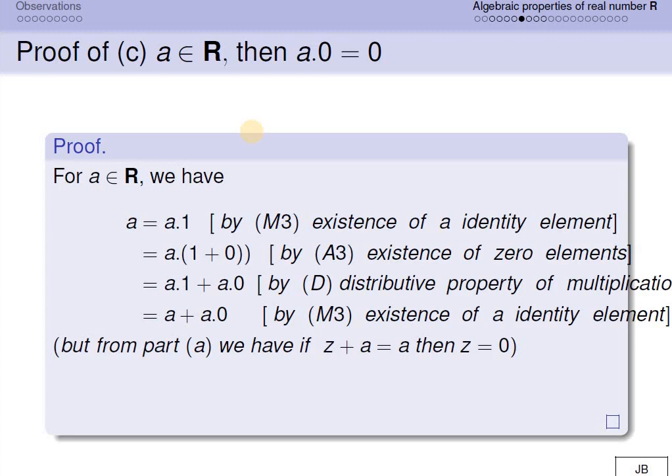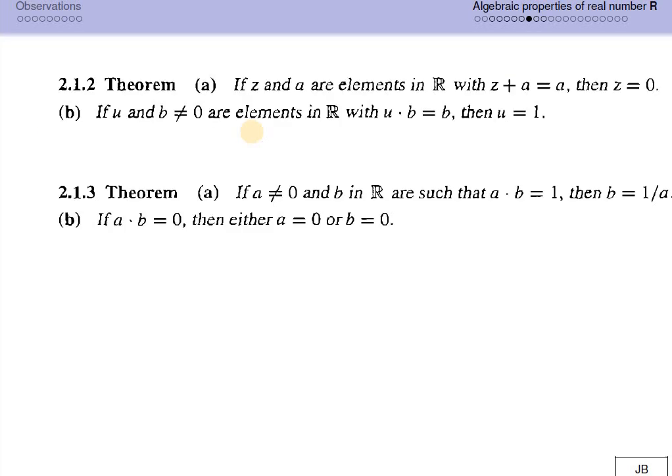So z equal to 0 means we should get a dot 0 equal to 0 by part A. So this is how we do things. Whatever result you prove here, you can use in the later results. But the only thing is that you have to mention where you are taking it from.